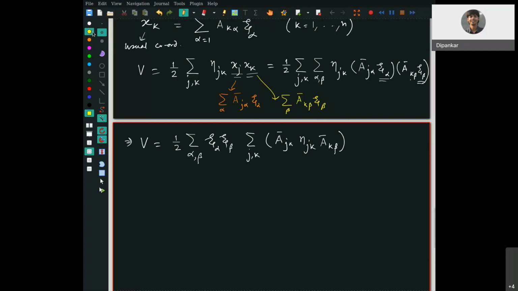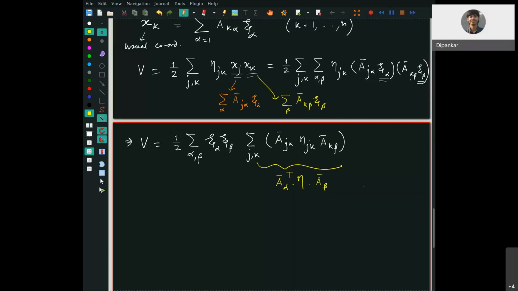Now if you notice, this summation in the matrix notation is given by a bar alpha transpose eta dot a bar beta.